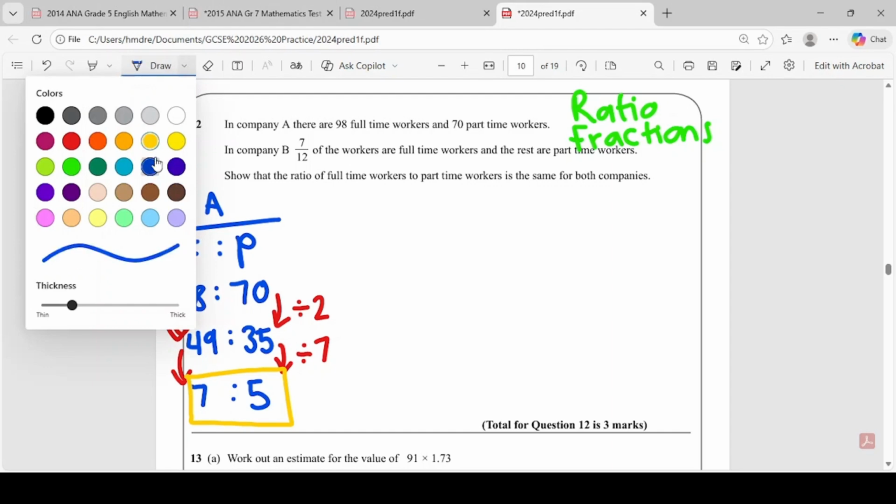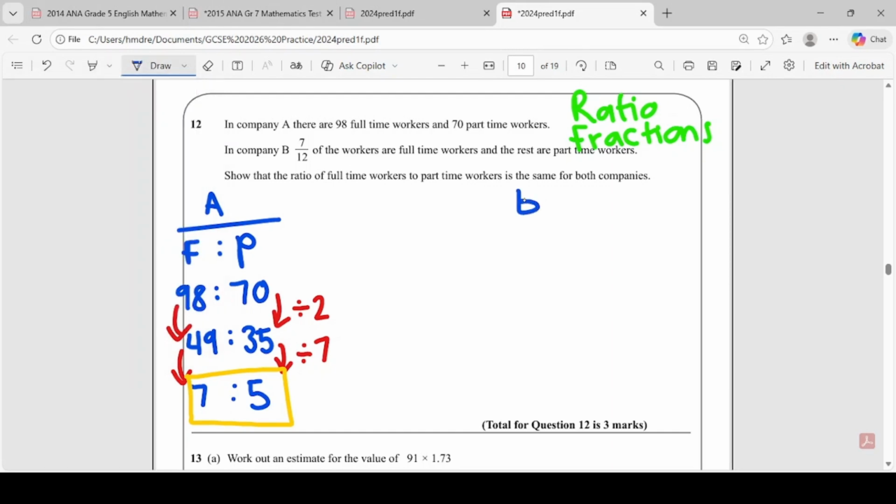Let's have a look at Company B. I've got my full-time workers to my part-time workers. They tell us that for Company B, 7 out of the 12 workers are full-time. So that means there's 7 full-time.